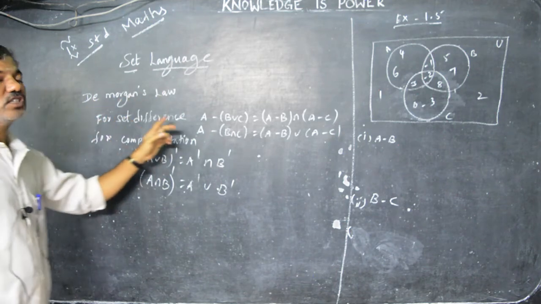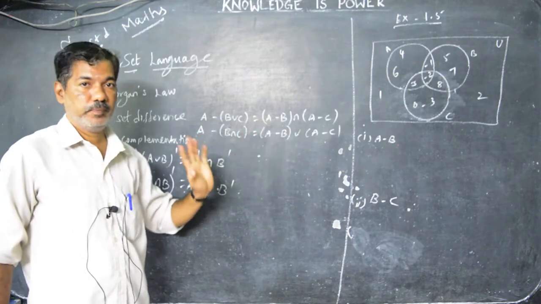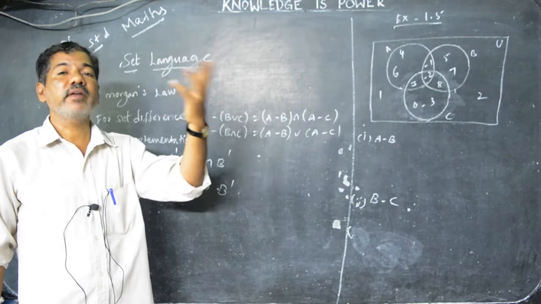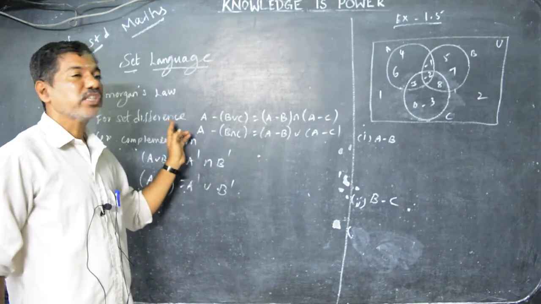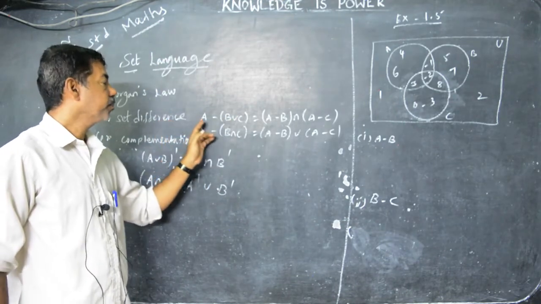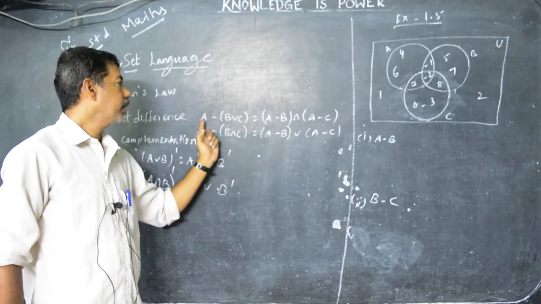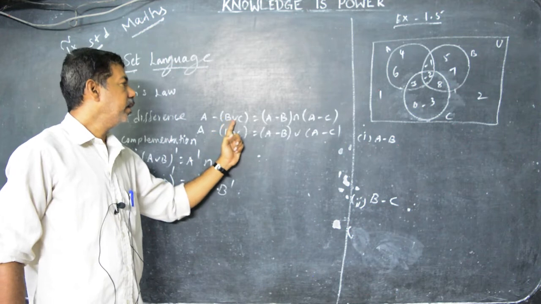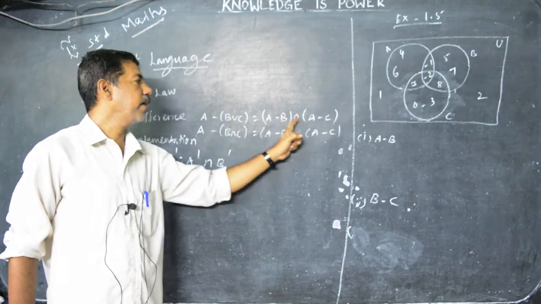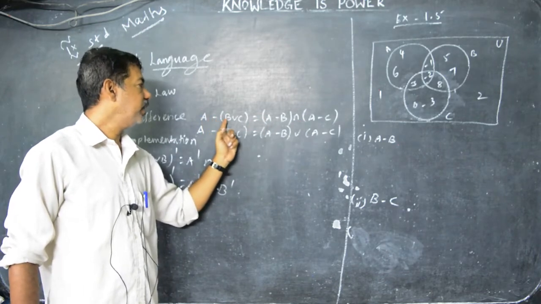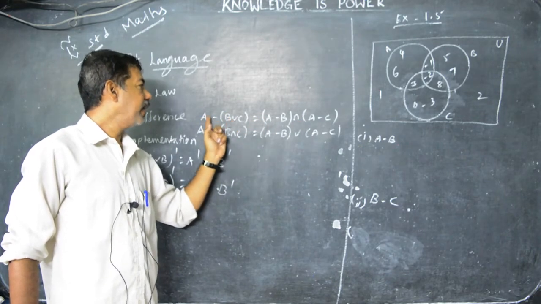For set difference, this formula you have to use. They will not give the formula for certain things; you have to recall it when the question is asked for set difference. A minus (B union C) is equal to (A minus B) intersection (A minus C).